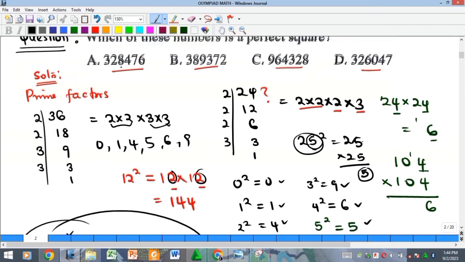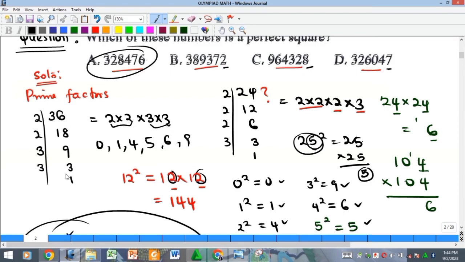So from all that we have said, you can see which is the perfect square here. 2 is not amongst the last digits, 8 is not among them, and 7 is not among them. That's actually what they expect you to use in answering this question. So the perfect square that we have here is 328,476.